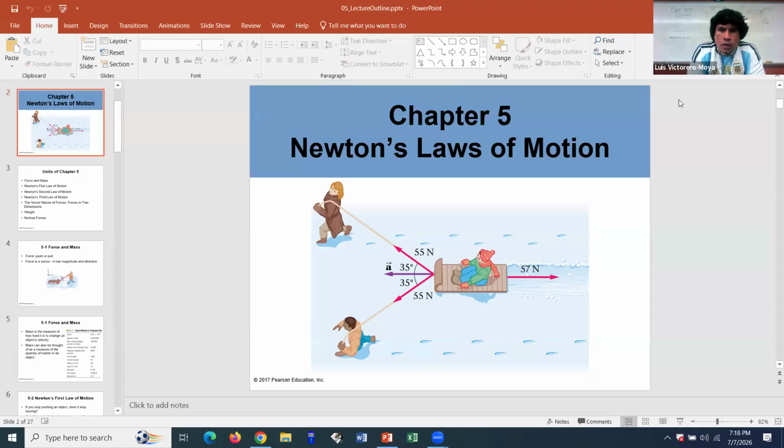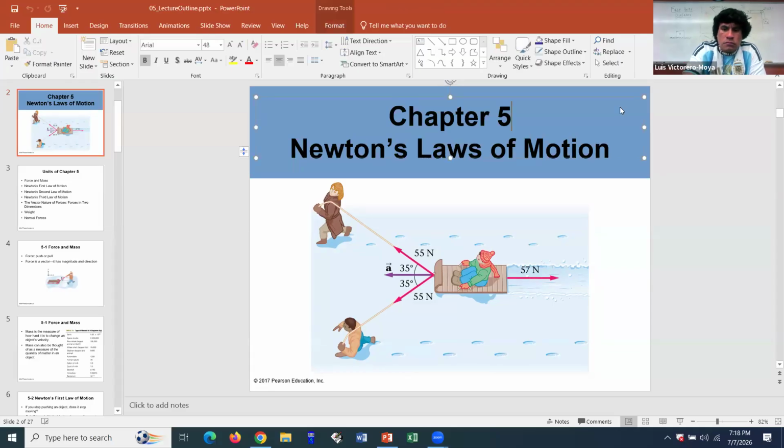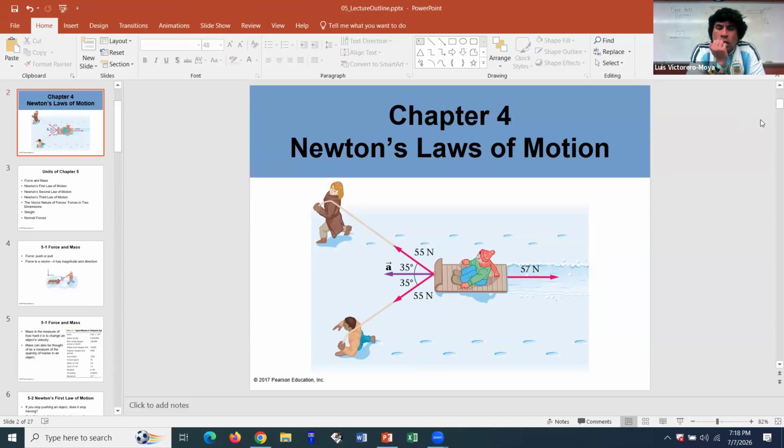All right, so look at the following picture in front of you. And by the way, we are going to be talking about free body diagrams, which is a very important section of chapter 4, right? What you are seeing there actually is a free body diagram or a forces diagram of a body that is moving towards the left.